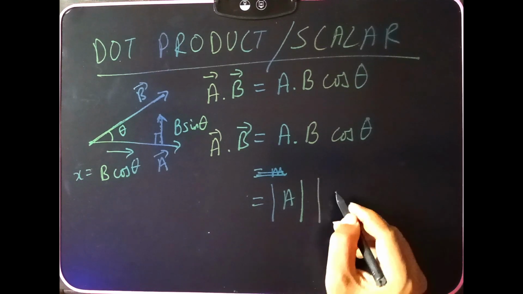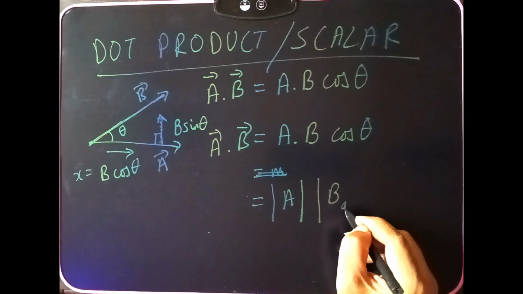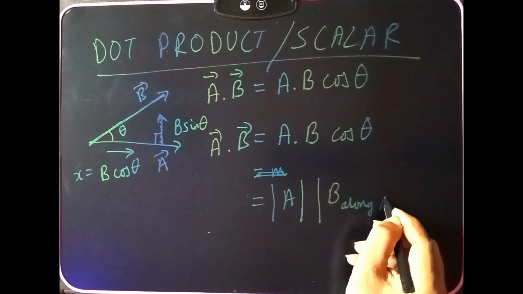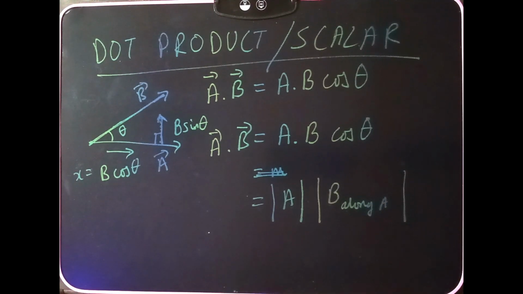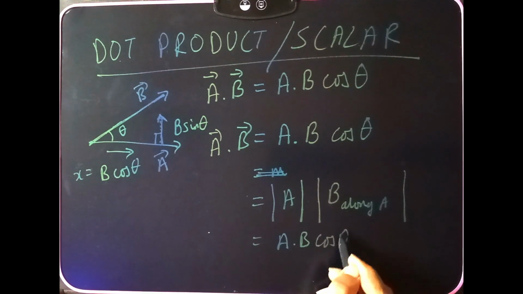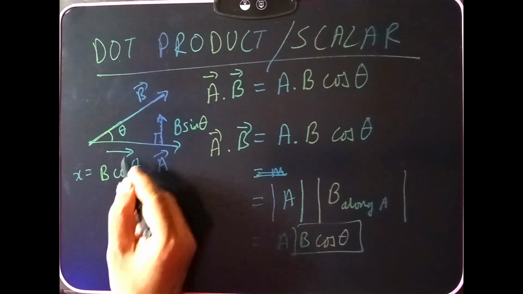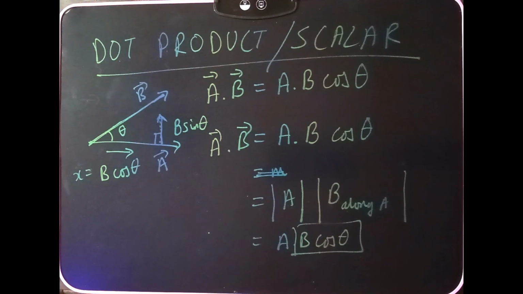The magnitude of component of B along A. So here B cos theta is the projection of B along A, right? B cos theta is a projection of B along A.